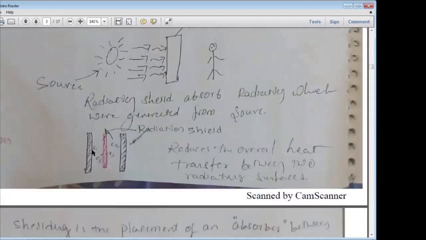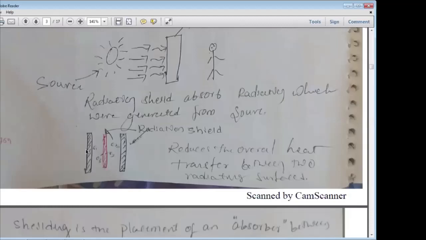Epsilon 1 is the emissivity of plate 1, epsilon 2 is the emissivity of plate 2, and epsilon 3 is the emissivity of the radiation shield.